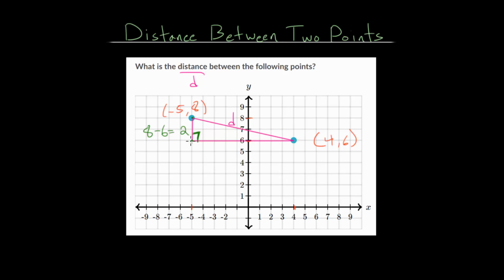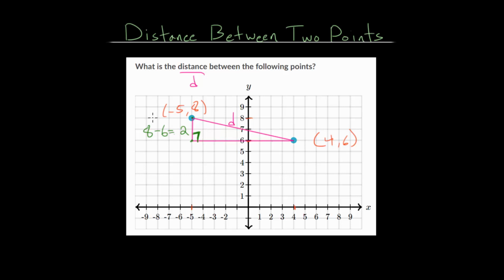And for our x values here, this bottom side of our triangle, notice that we start at an x value of -5 and we go to an x value of 4. So if you want, you can just count this. 1, 2, 3, 4, 5, 6, 7, 8, 9. So it looks to be 9 units long.